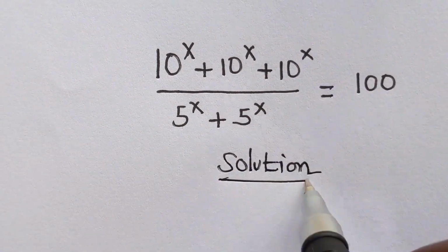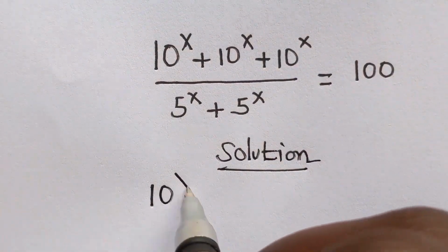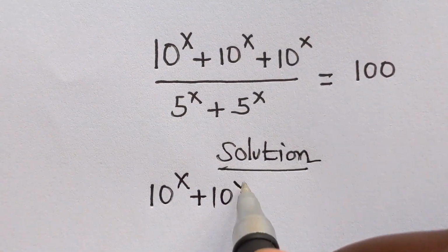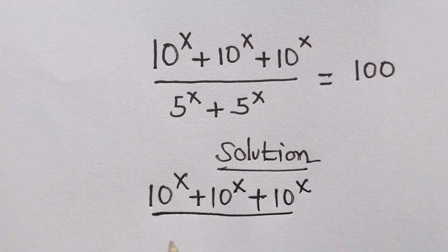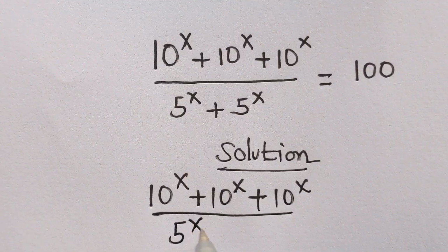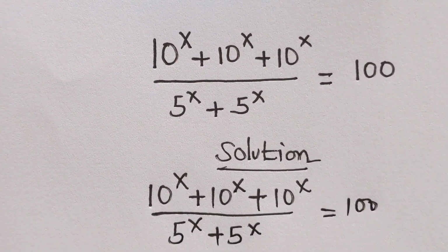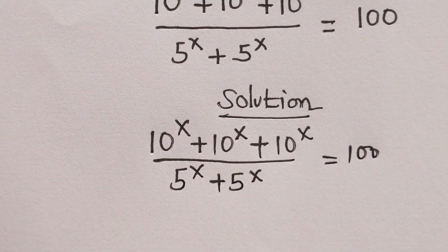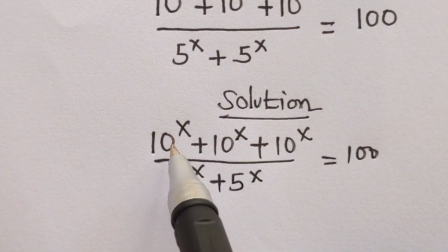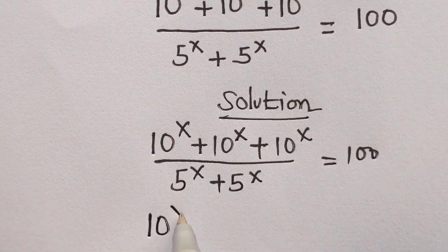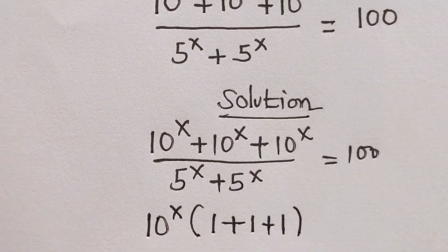A nice way to find the value of x: here we have (10^x + 10^x + 10^x) over (5^x + 5^x) equals 100. Because 10^x is common, we are going to factorize 10^x to get 1 plus 1 plus 1.